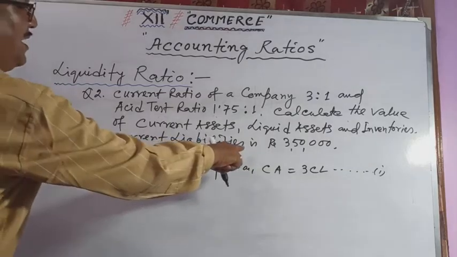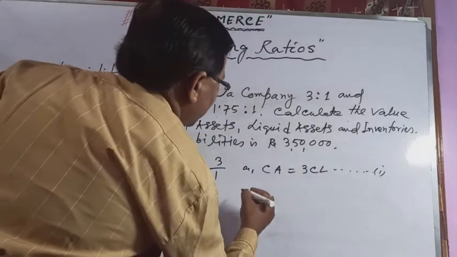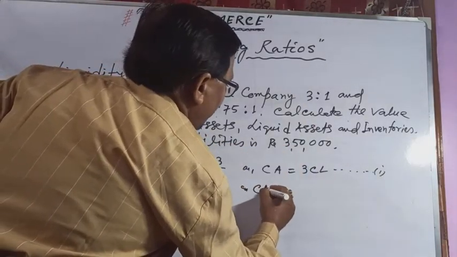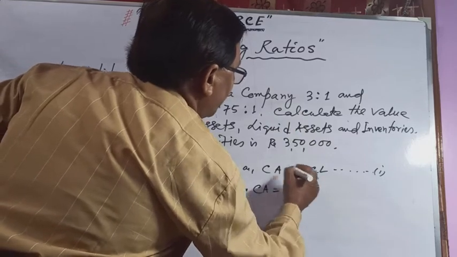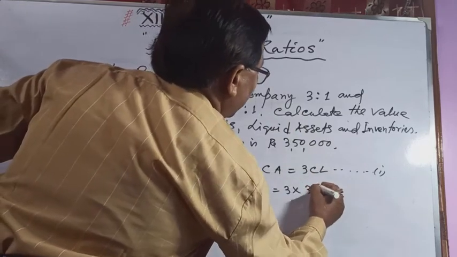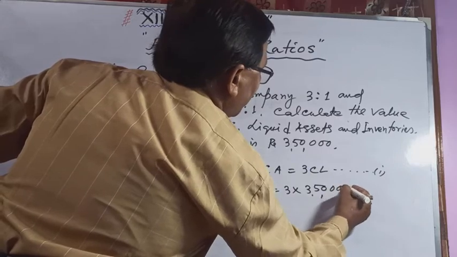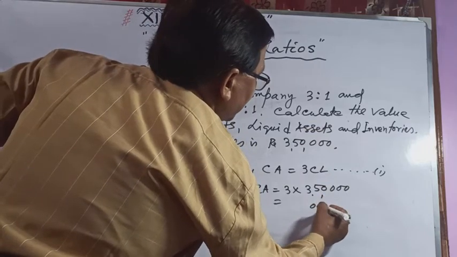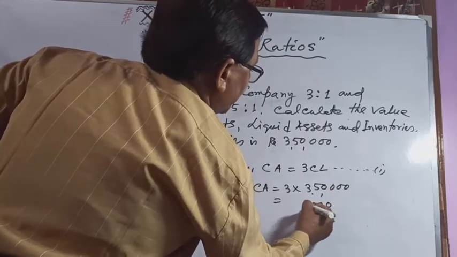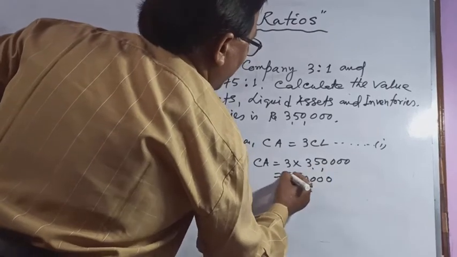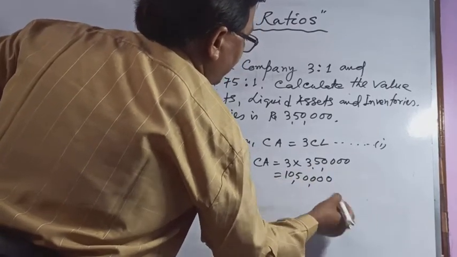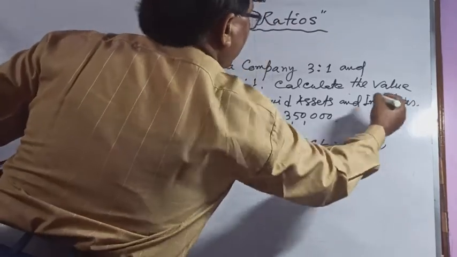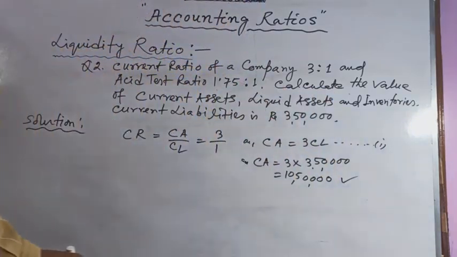Now current liabilities are given, 3,50,000, so CA equal to 3 into 3,50,000. Automatically you find out the current assets, 10,50,000. This is the one answer, that is the current assets.